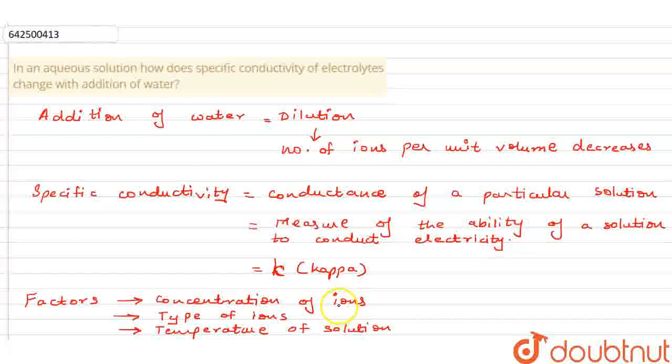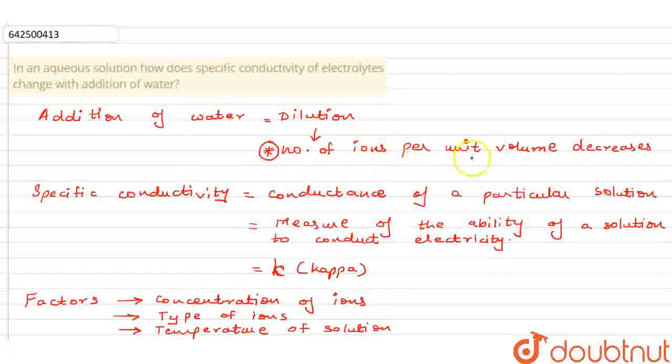Now, in the start itself, I was talking about addition of water, which can also be termed as dilution. And I mentioned that it's the number of ions per unit volume which is going to decrease. It is actually due to the presence of more water molecules.